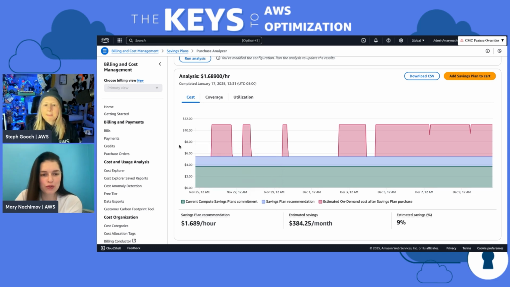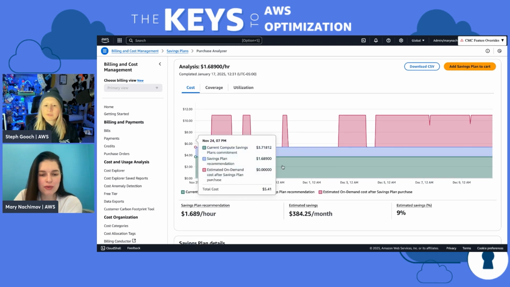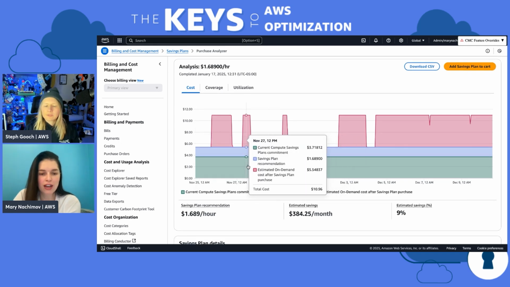Let's just go over the chart. What do we see here? First of all, we have the green area, the blue area, and the red area. The green area is the current savings plans I already have in my environment, totaling $3.7 per hour. Everything here is hourly. Since the purchase is hourly, we also analyze everything hourly.